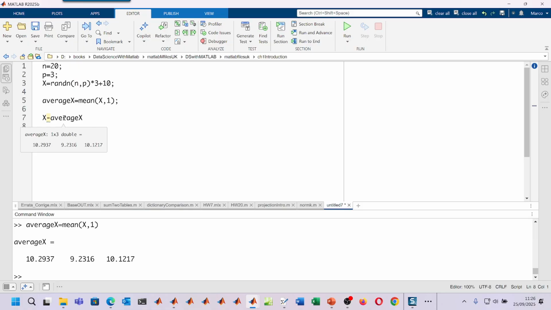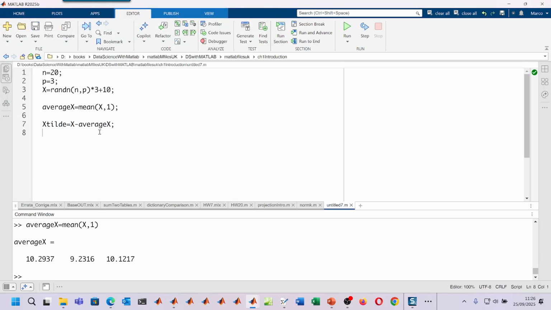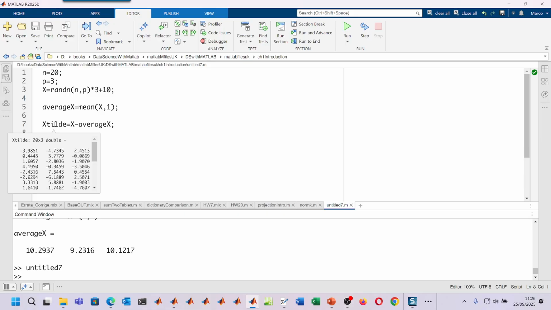Therefore, if you do it in MATLAB, there is the so-called automatic expansion, and then it does the job. It expands the average into an n times p matrix, and so from every column its mean is removed. Right?